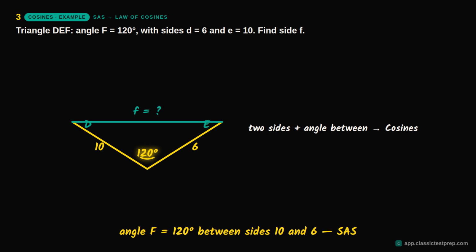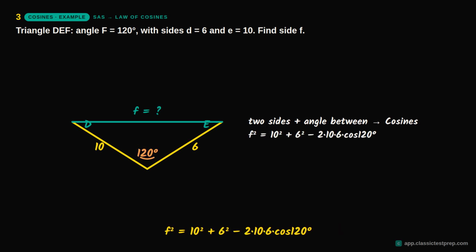Side length D is 6 and side length E is 10. Now this is not a right triangle, so we can't just use the Pythagorean theorem, but we can use the fancy Pythagorean theorem, the law of cosines. C squared, which in this case is F squared, is equal to 10 squared plus 6 squared minus 2 times 10 times 6 times the cosine of 120 degrees.